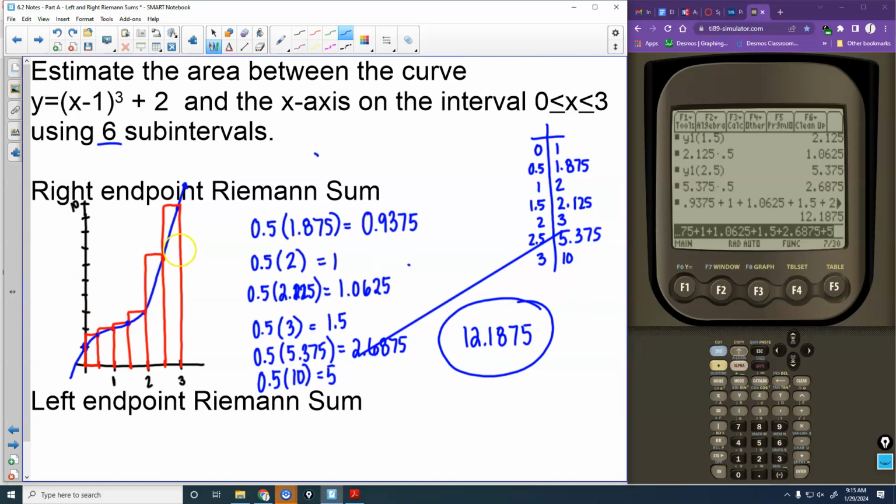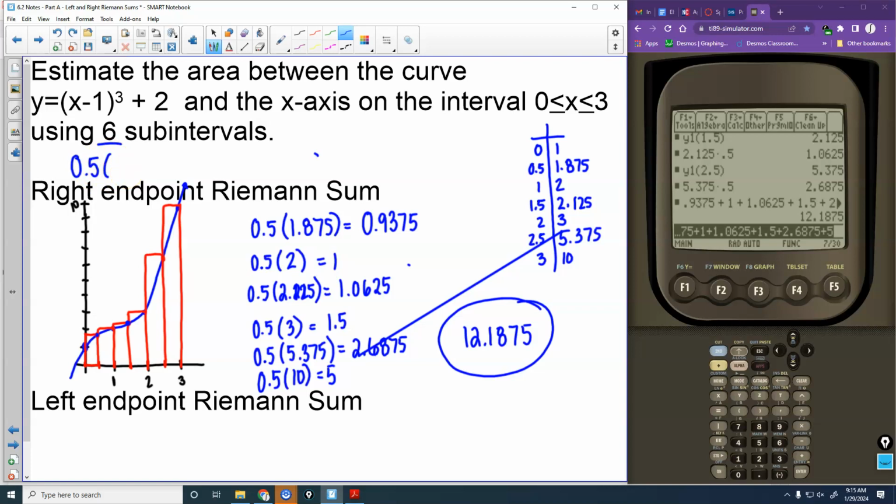Essentially, what I was doing was 0.5 times 1.875, 0.5 times 2, 0.5 times this. I did 0.5 times everything, and then I added them all together, right? Since I am multiplying everything by 0.5, could I do this? Would it be okay to pull the 0.5 out front there?